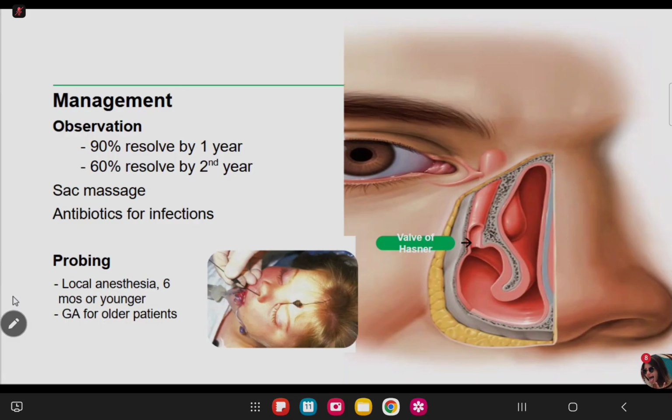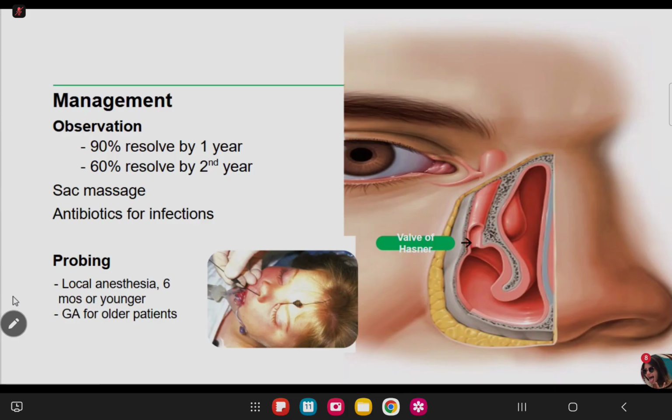And then we do probing, and then we also perform surgeries, and eventually the DCR procedure, the dacryocystorhinostomy, no? So we make a hole to bypass the duct, and make a connection from the punctum going to the inferior meatus.